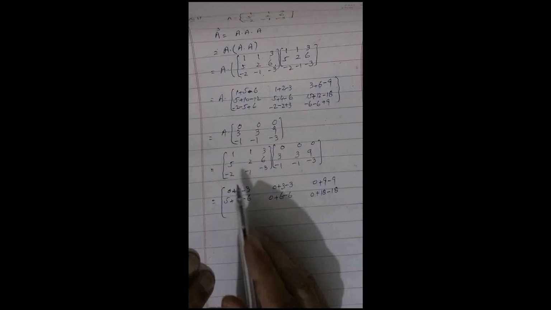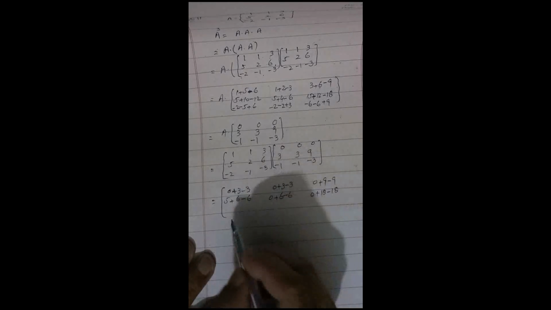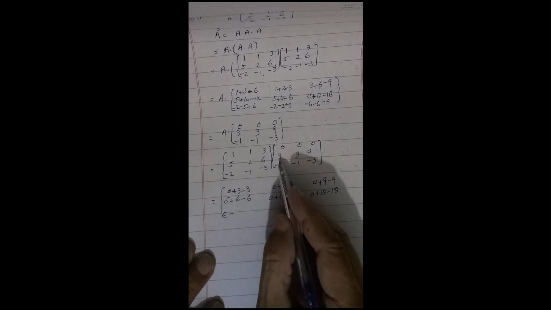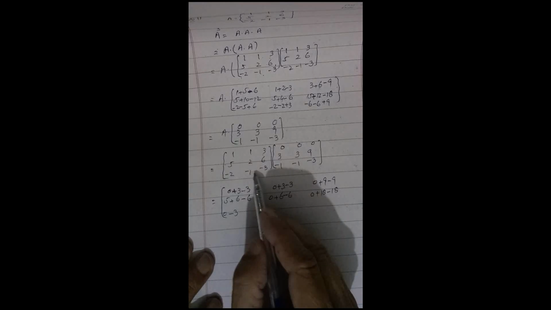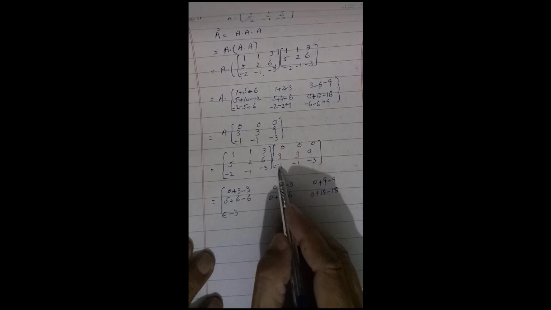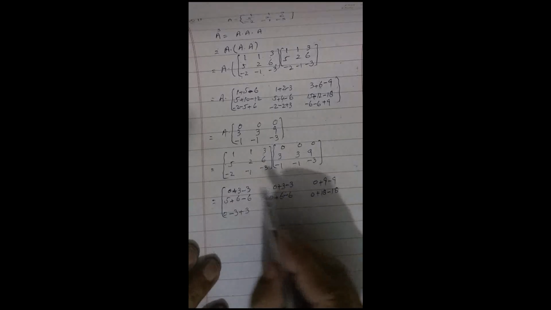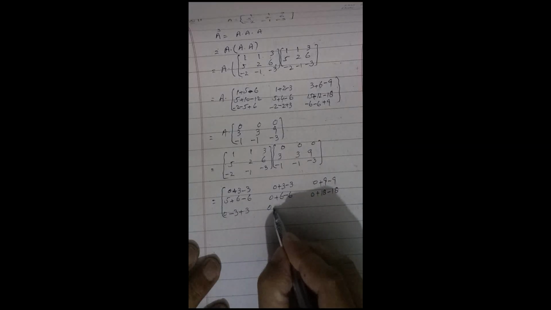And we multiply the third row with the three columns respectively. Minus 2 multiplied by 0 is equal to 0. Then minus 1 multiplied by 3 is equal to minus 3. Minus 3 multiplied by minus 1 is equal to plus 3. And with the second column, minus 2 multiplied by 0 is equal to 0.